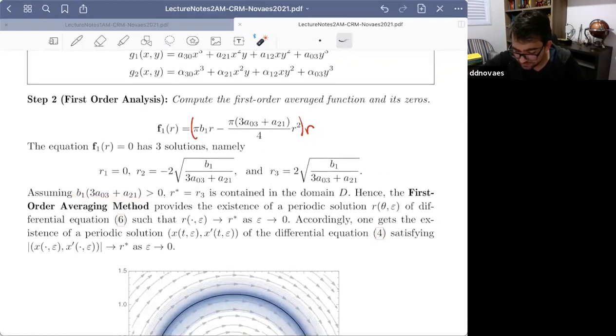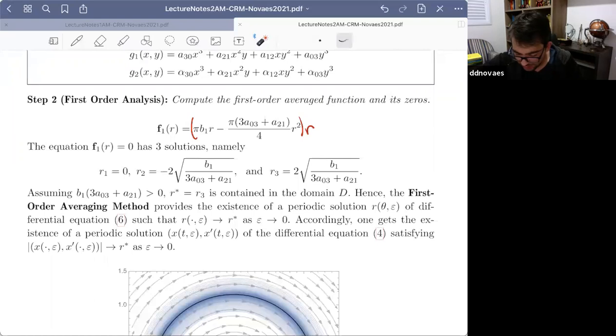And here we can apply the first order averaging method to conclude the existence of a periodic solution of the differential equation 6, such that it converges to R3 as epsilon goes to 0.